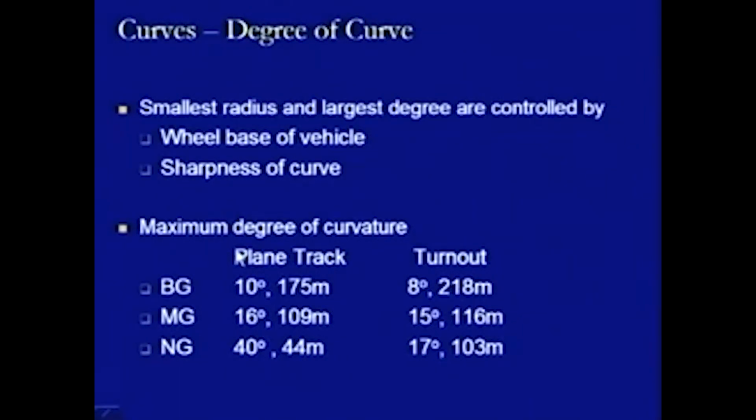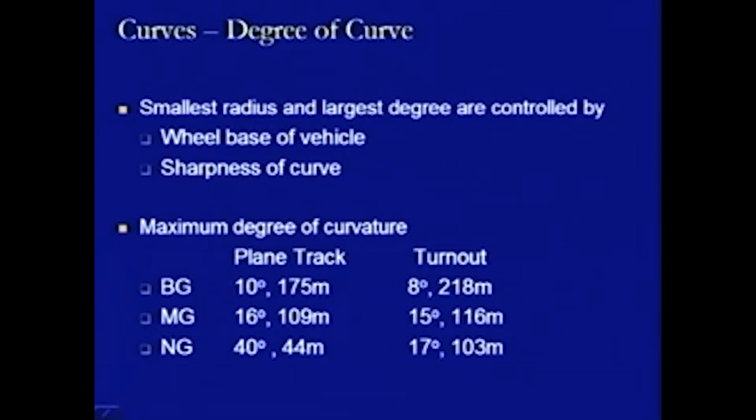Now, when we talk about this circular curve, both the degree and the radius are controlled. Here the smallest radius or the largest degree are controlled. There are two things which are controlling this. A flatter or bigger radius means a flatter curve.